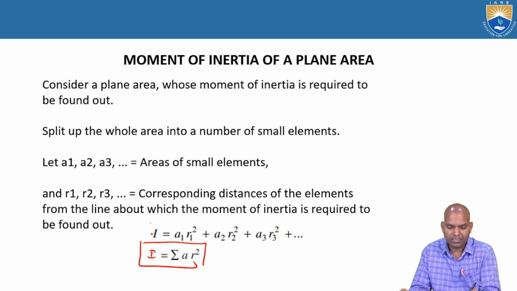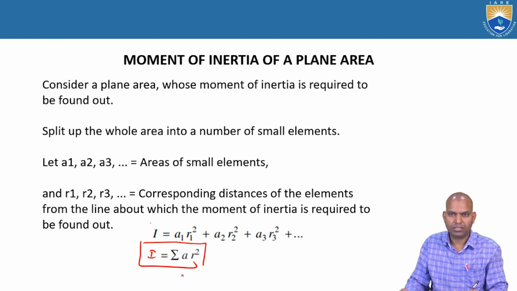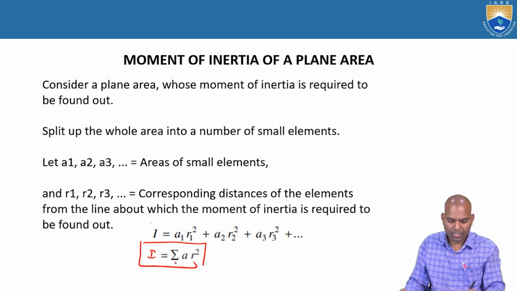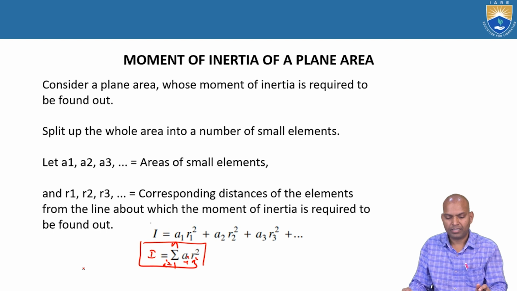The moment of inertia is then A1 R1 square plus A2 R2 square plus A3 R3 square and so on, so I equals the sum of A i R i square, i equal to 1 to n. This is the moment of inertia of the total plane area.